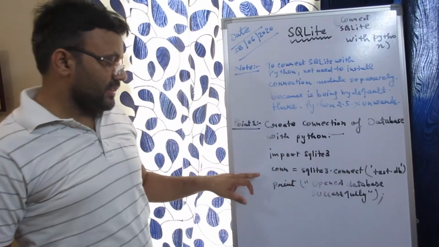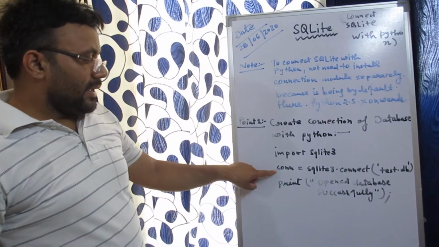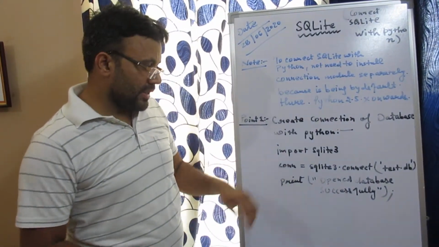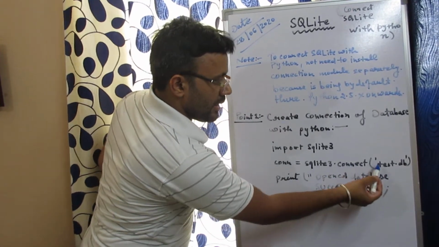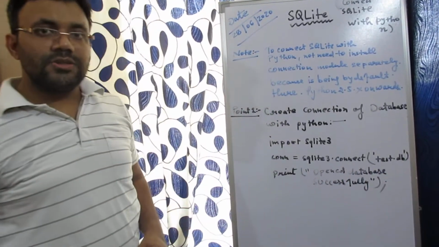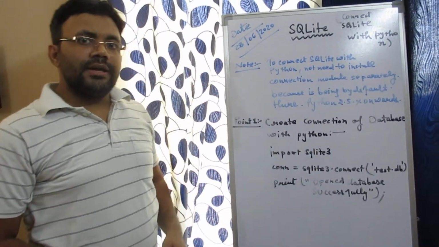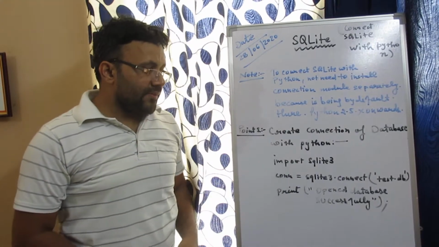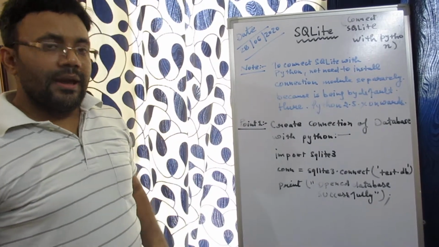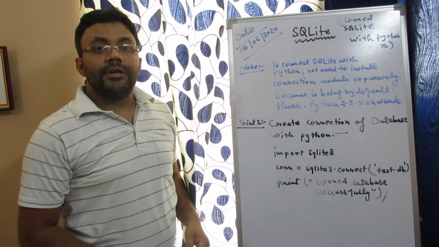This is the very first statement you have to write. Then connection is an object, sqlite3.connect. You have to use this .connect method with test.db. We created test.db yesterday; this is the database file we created. To create this file, we use the command sqlite3 database name.db.